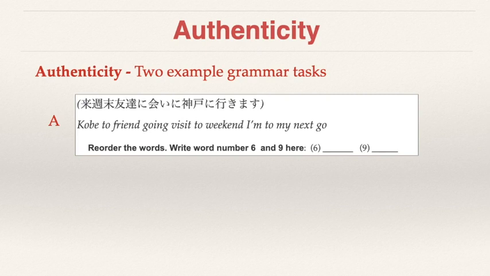It is known to be reliable, and it is probably a valid test of English grammar and translation skills. However, in the real world, does anyone ever have to do a task like this? Probably not. Therefore, it is not an authentic task.